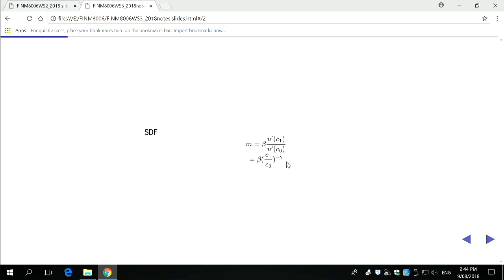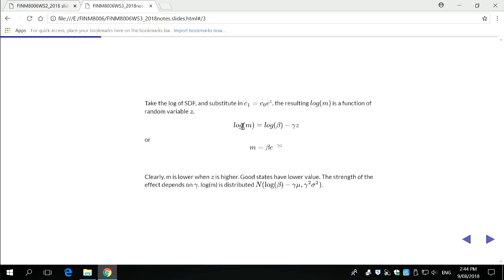So if we take the log, we have the log growth rate. So if we take the log, we have log m equals log beta minus gamma z, or m equals beta e to the power of minus gamma z. That's our SDF, right?